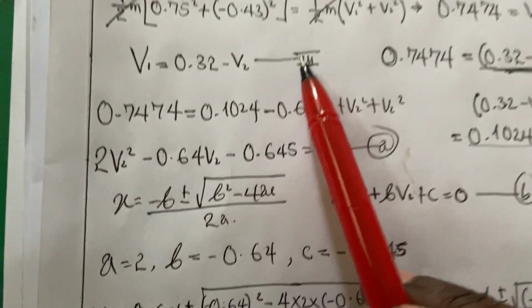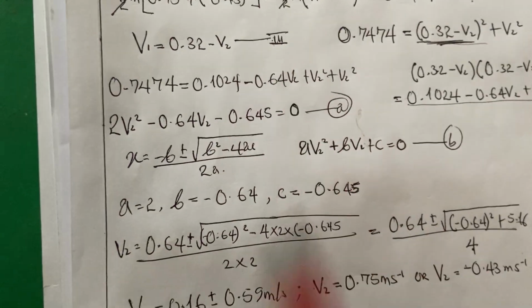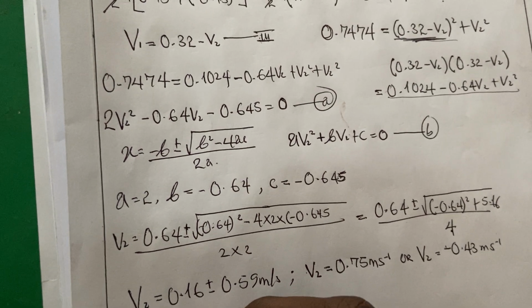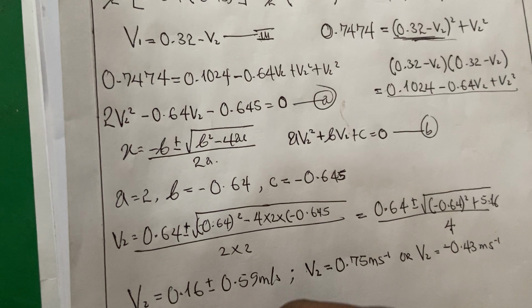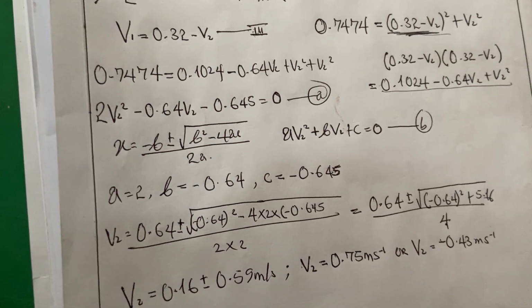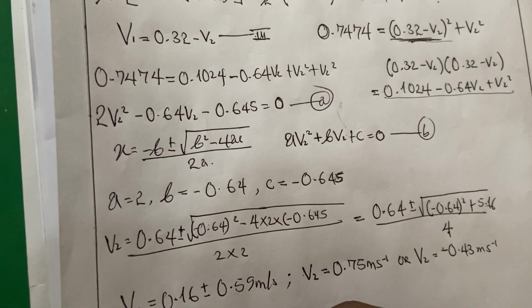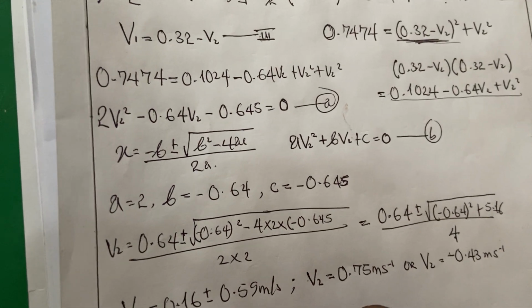Now if we go back to equation 3, it means v1 equals 0.32 minus each of these values.